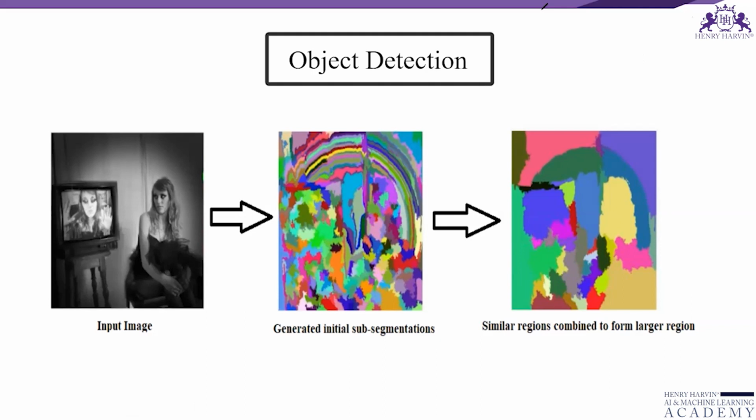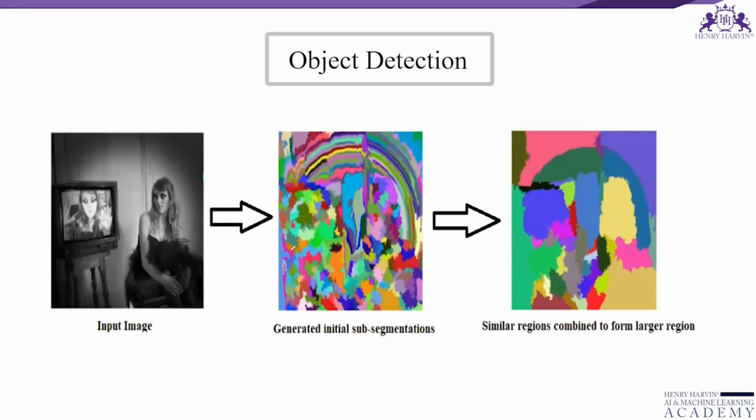Hope this is clear. So we are combining several regions. First, what are we doing? We are inputting an image and generating initial sub-segmentations to obtain multiple regions.